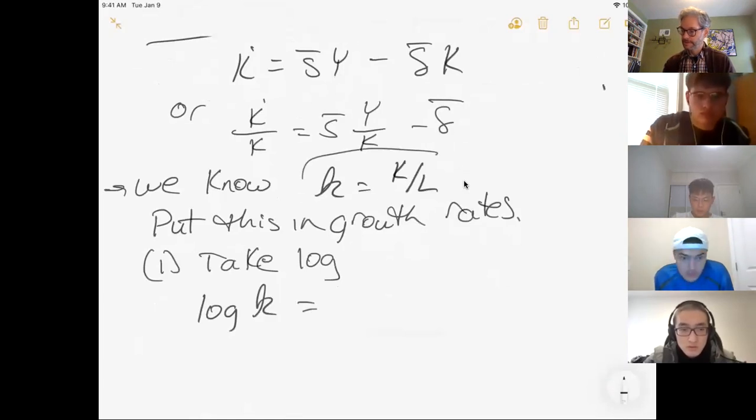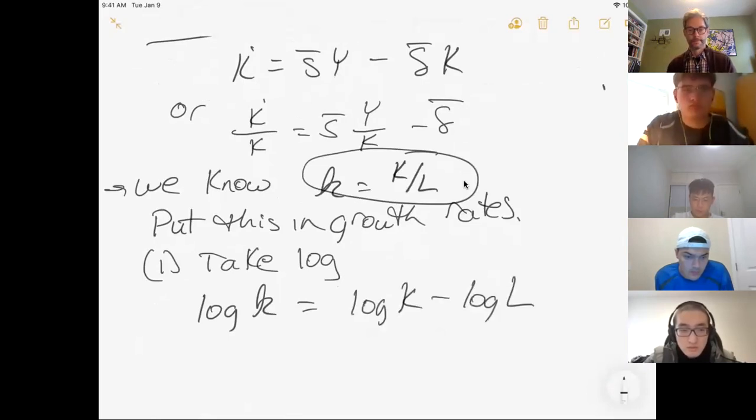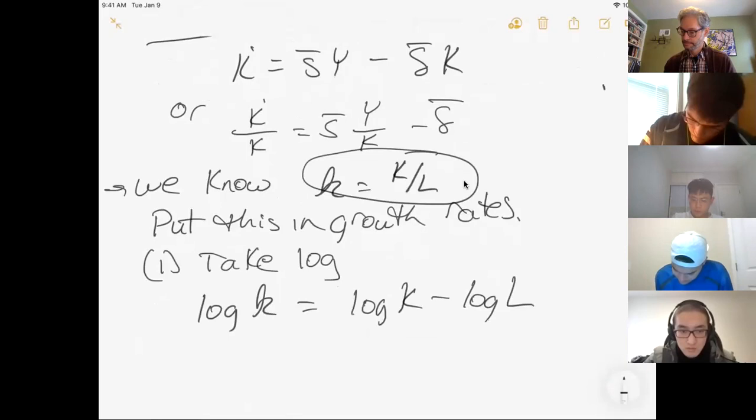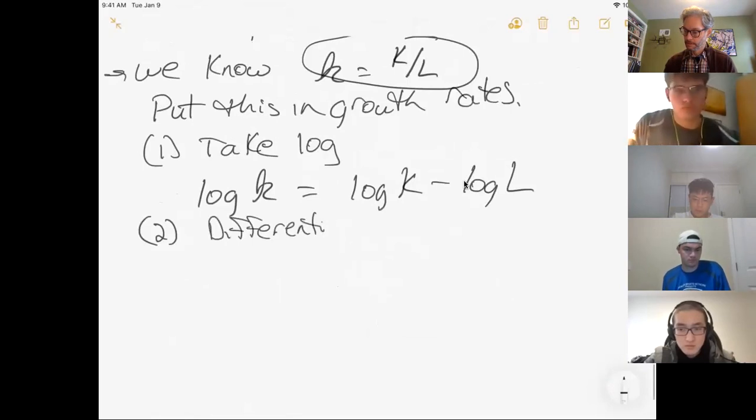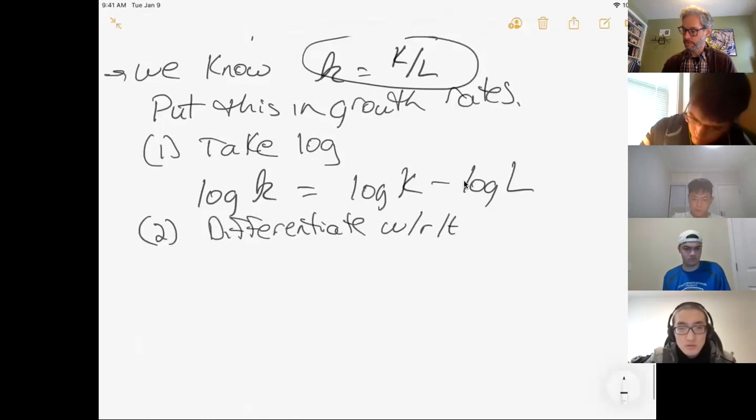What's the log of this? The log of capital K minus the log of L. And then we differentiate with respect to time.